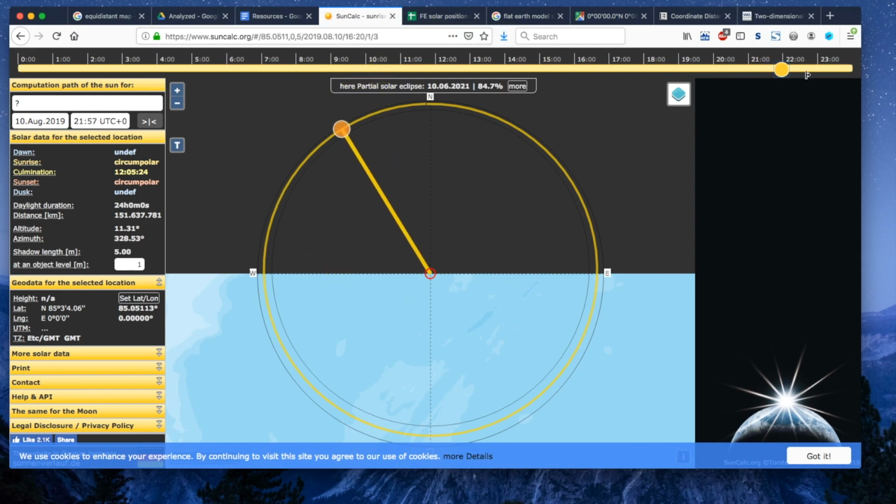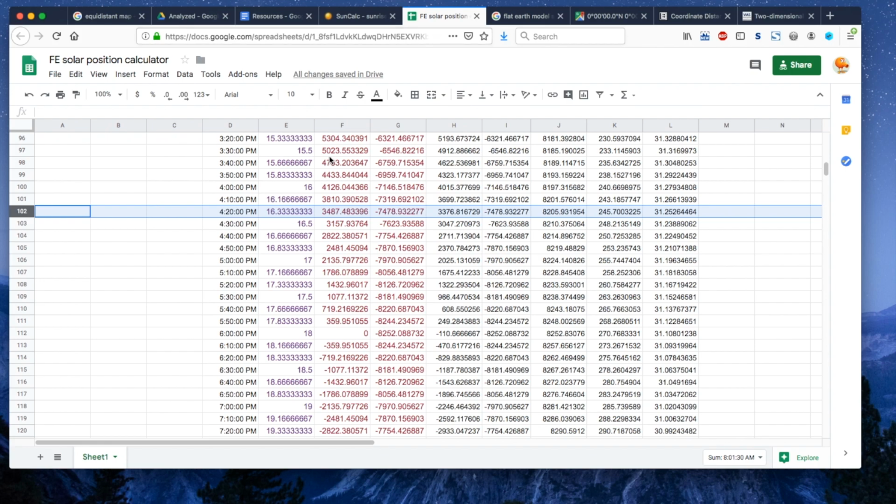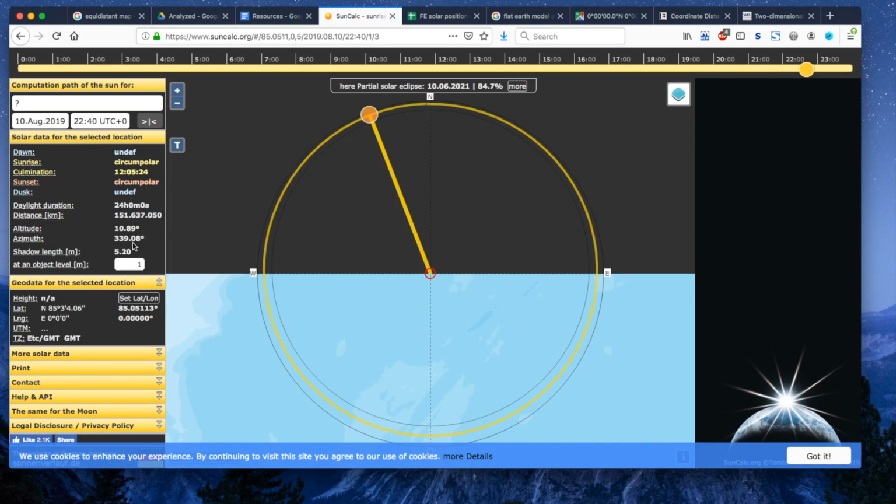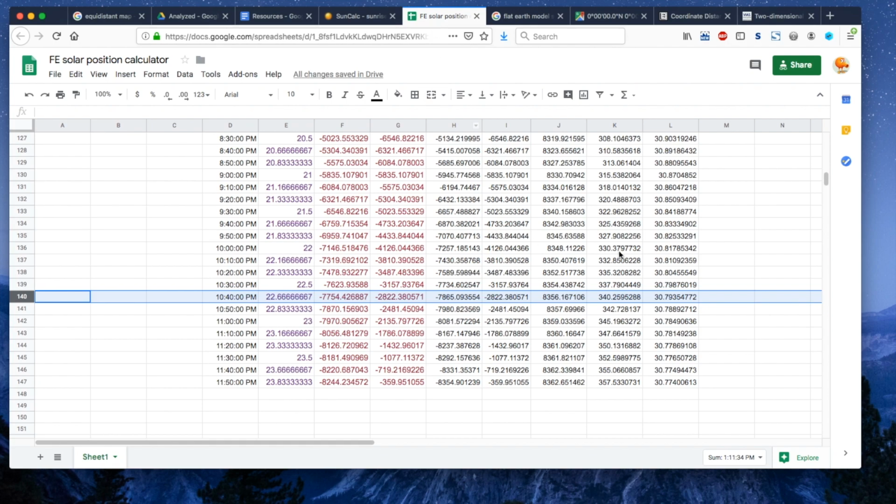Let's go over here. 1040, 30 and 340, 10 and 339. So the azimuth seems very accurate at the North Pole, but the altitude is not.